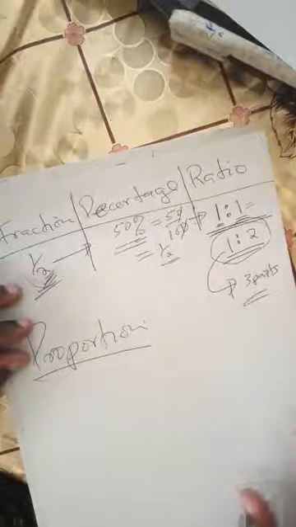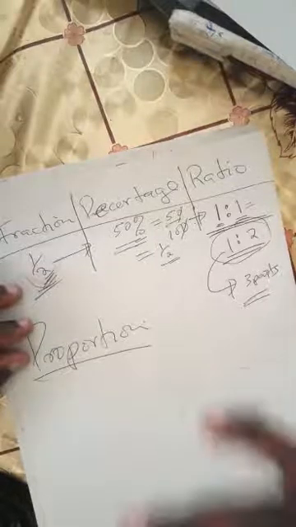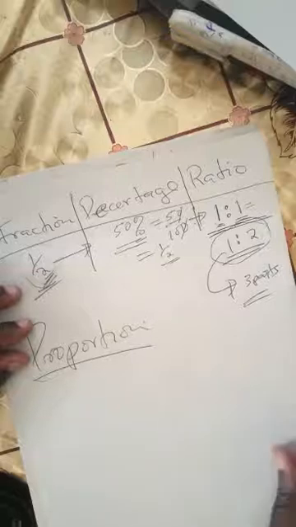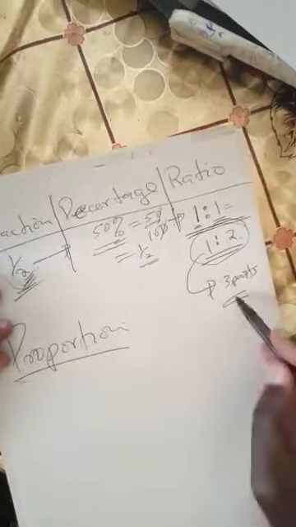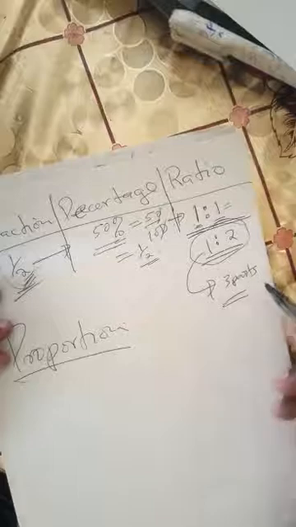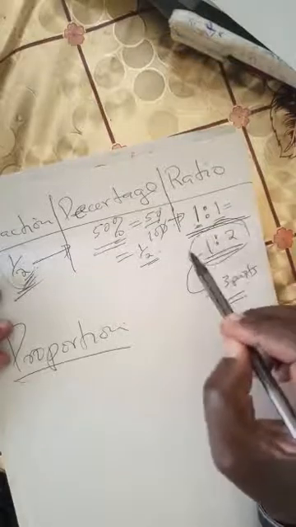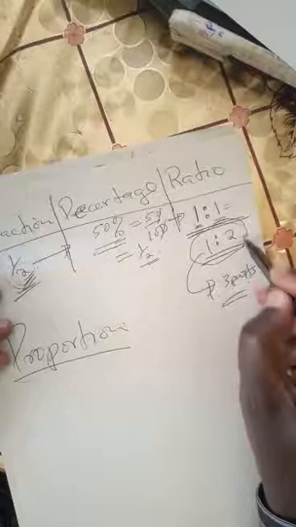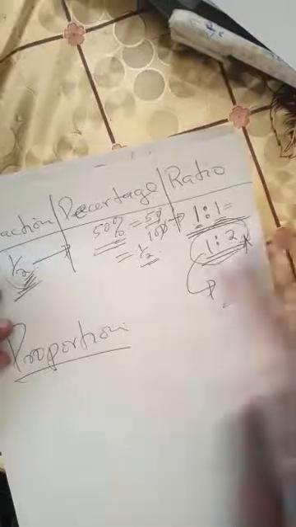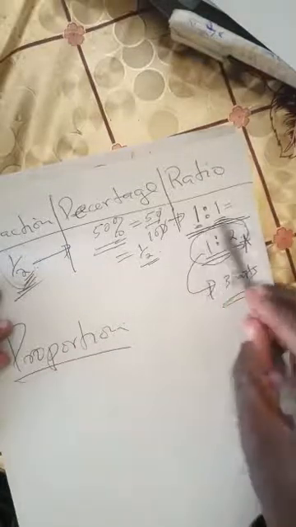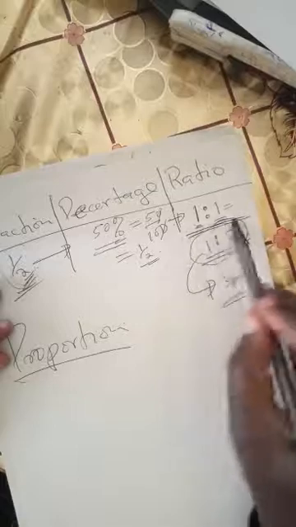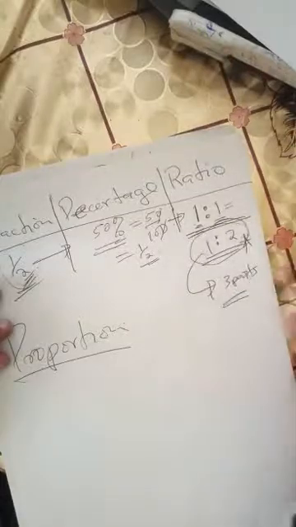Of course it takes time to render. You're dividing the whole into three parts. So a half is 1 to 1, where the whole is divided into two parts. So this is how we write a half in ratio form.